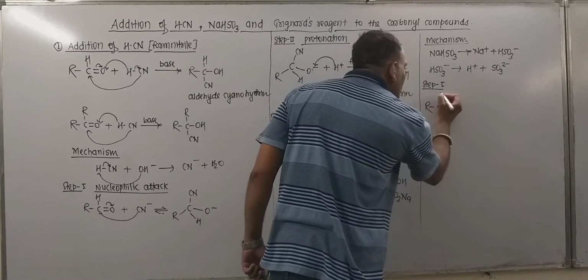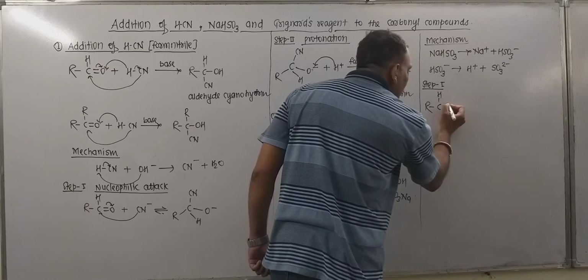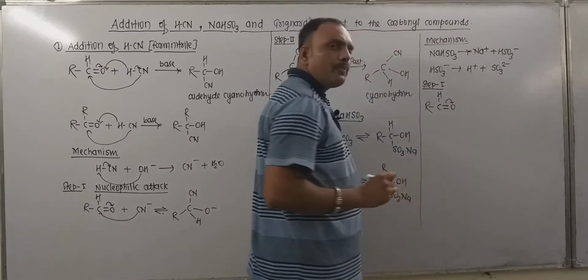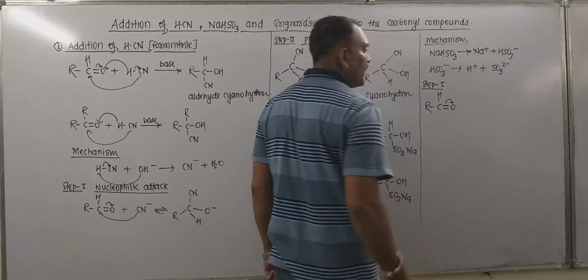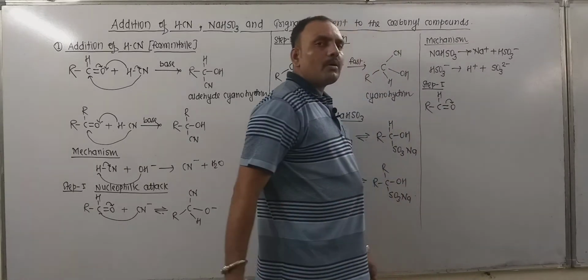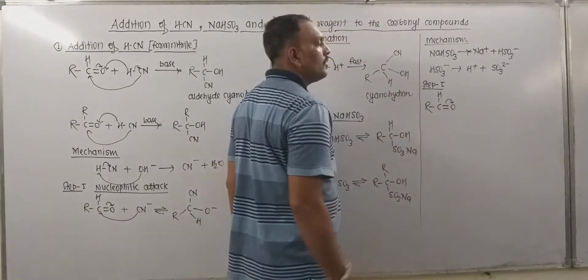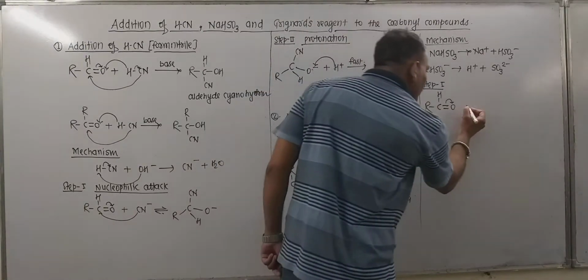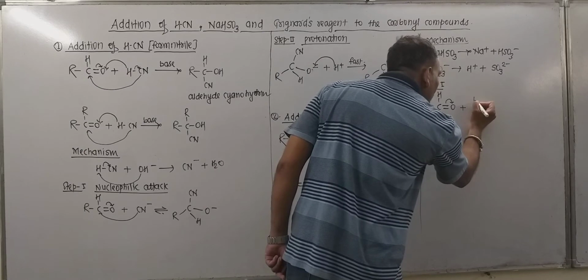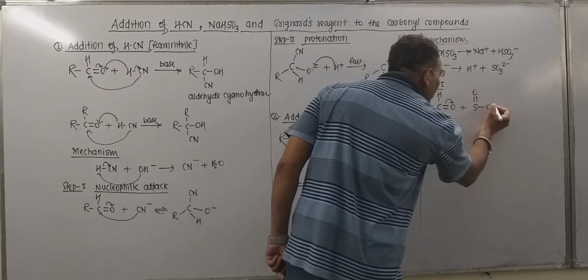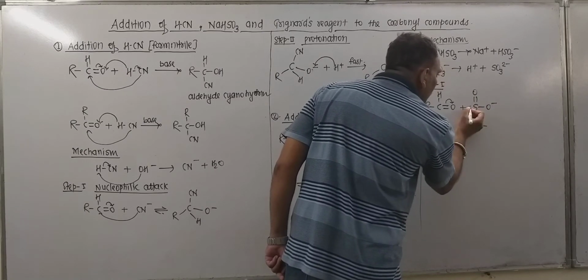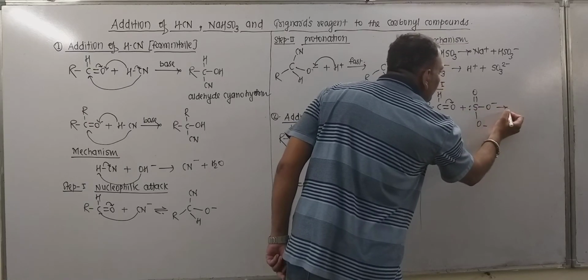So aldehydes can be represented as, we know very well, the carbonyl group is a polar one, thus the pi bonded electron pair remains shifted at the oxygen and that leads to the positive charge on the carbon. And now SO3 2 minus can be given as, now what happens?